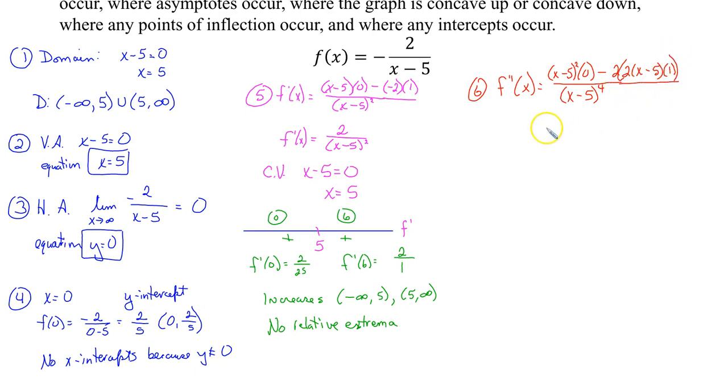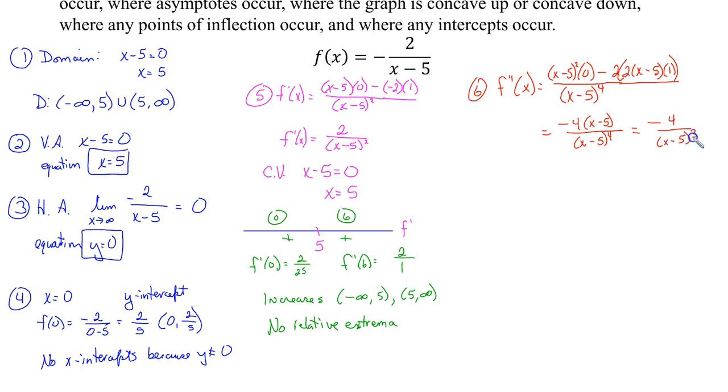So we've kind of got a good bit of stuff going on here. This is going to simplify and become negative 4 times x minus 5. You might be thinking, oh, we're going to have everything negative because I have this x minus 5 to the 4th power. That is not going to be the case because my second derivative simplifies to negative 4 over x minus 5 to the 3rd power.